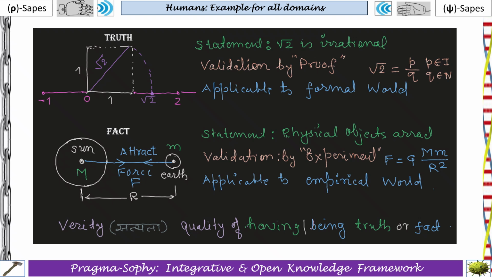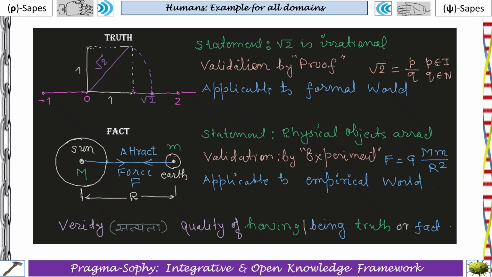Concentrate on the top half of the figure shown below. Here, we often deal with statements that are either definitively true or false, and we establish their truth through something called proof. Truths are in the formal world.